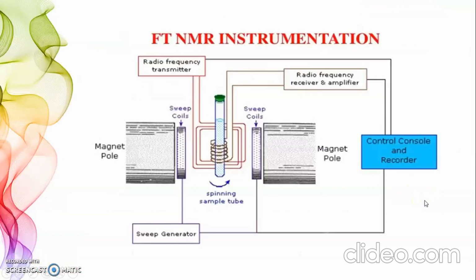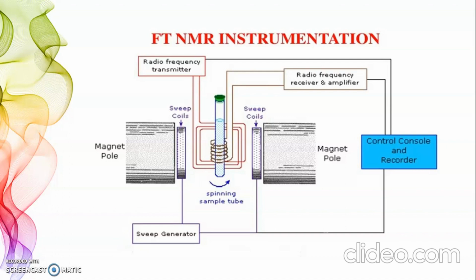Next, we see the instrumentation. The sample is placed in the probe, which contains a transmitter and receiver coil and spinners to spin the tube about its vertical axis in order to average out field inhomogeneities. This is the schematic diagram of a Fourier transform NMR spectrometer with a superconducting magnet.